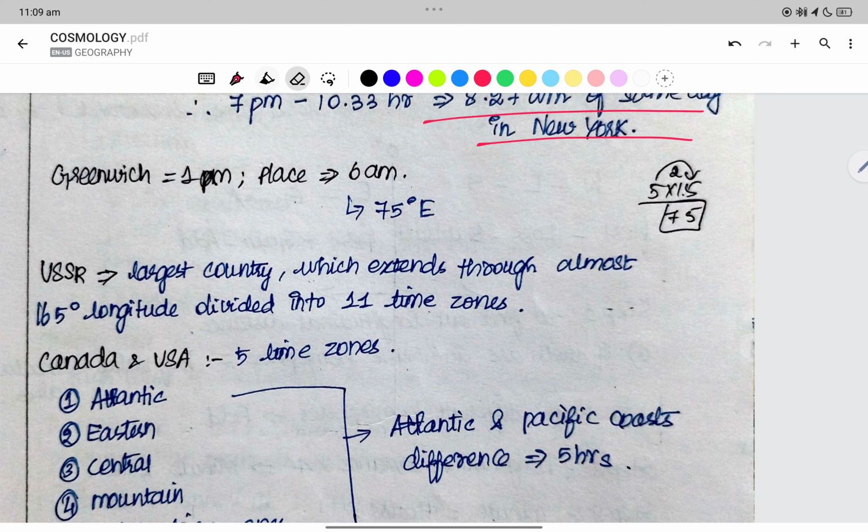If it is 1 p.m. in Greenwich, it is afternoon, but some place is having morning, right? So if it is afternoon here, it will be evening, and here it is going to be morning.